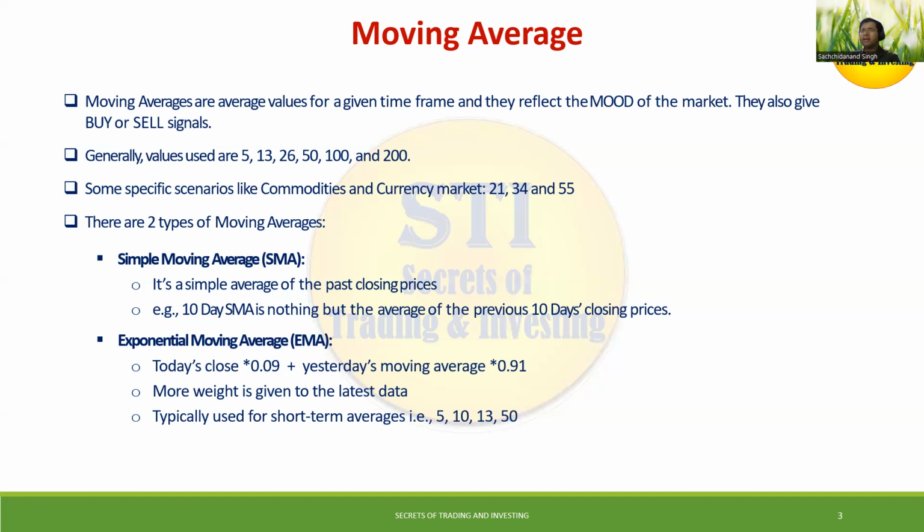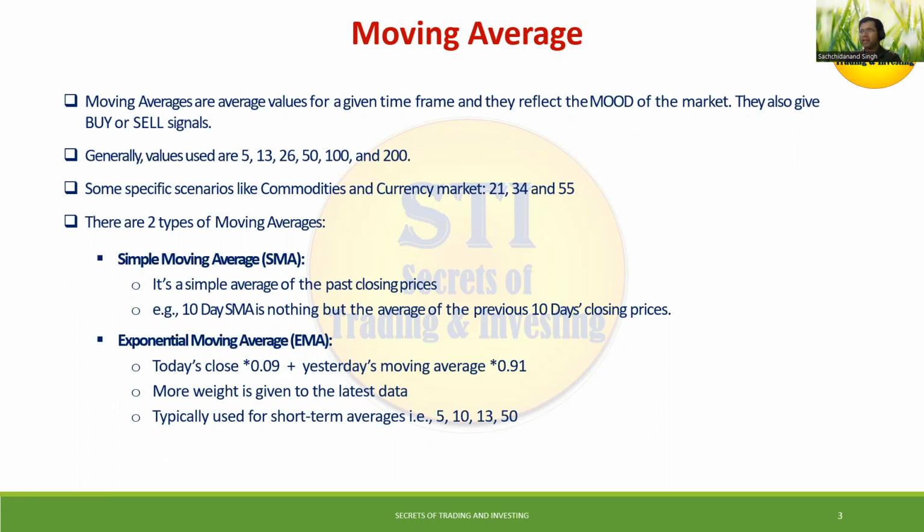The other one is called exponential moving average, which gets calculated with this formula: today's closing times 0.09 plus yesterday's moving average times 0.91. This is just for your information. Practically, you don't need to do any calculation. Charts, investing.com, the chart will have those calculations built in. We just need to know how to use them.